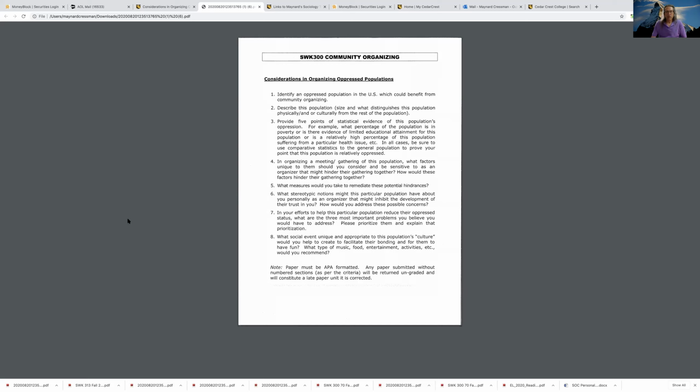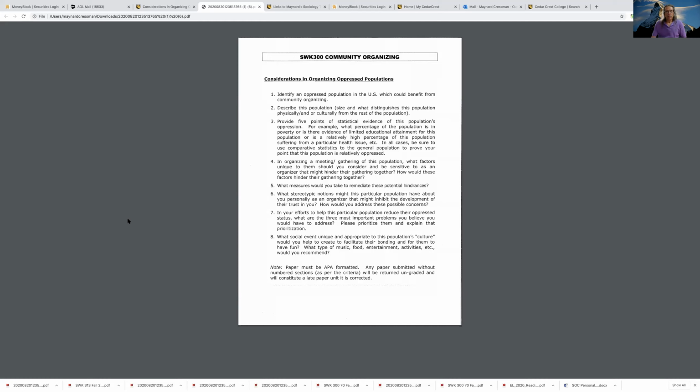So organizing is organizing. I'm not even asking you to organize anything here. I'm simply asking what factors you might have to pay attention to unique to this particular population if you are organizing them. So when you identify your oppressed population, don't come up with something so narrow you'll never find data on it as per the next 2 points in the paper.